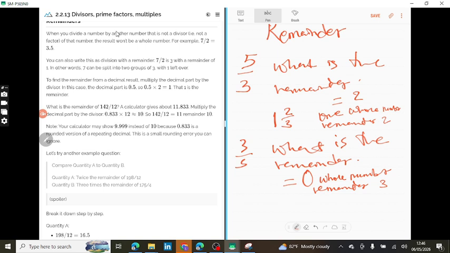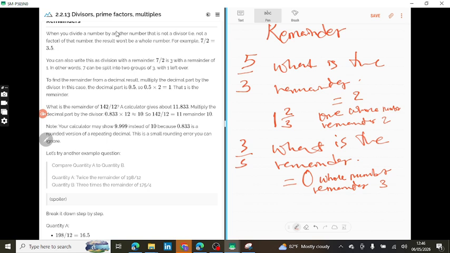Compare quantity A to quantity B. What is the remainder of 198 divided by 12?